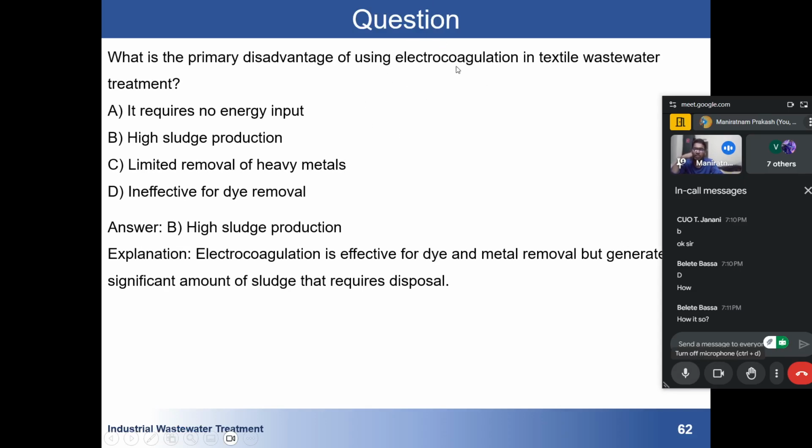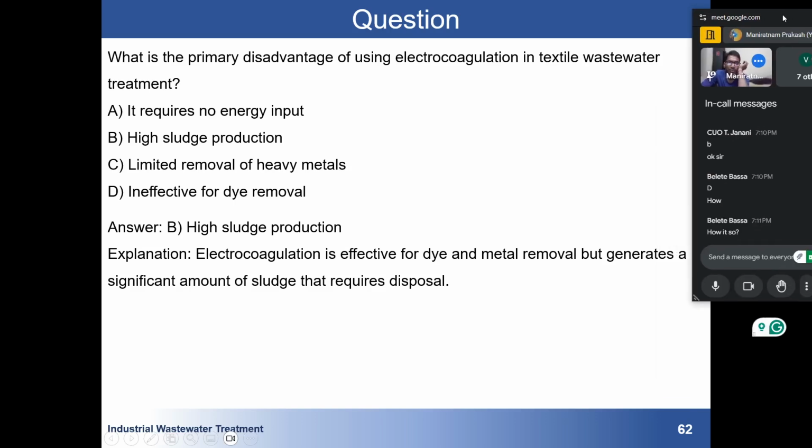I think I have to recheck the class notes. What is the primary disadvantage? But generally in the electrocoagulation process, a less amount of sludge is produced. Okay, I will discuss this in the next lecture. Just remind me, I will also note it down.